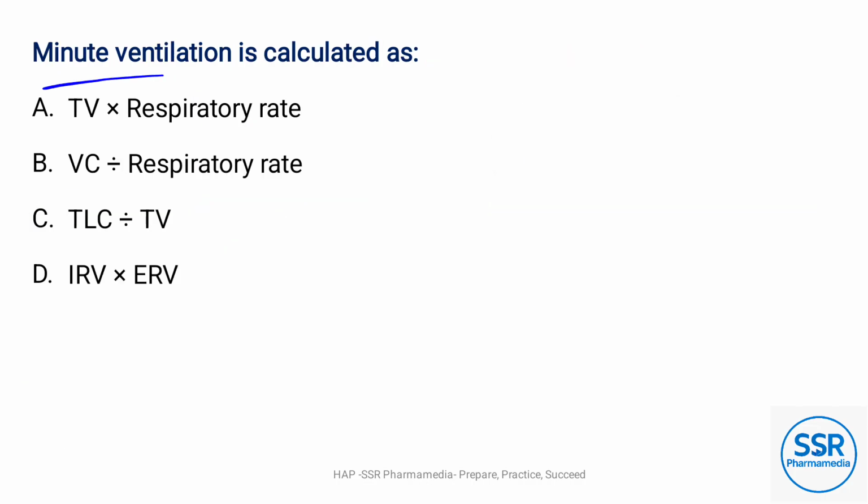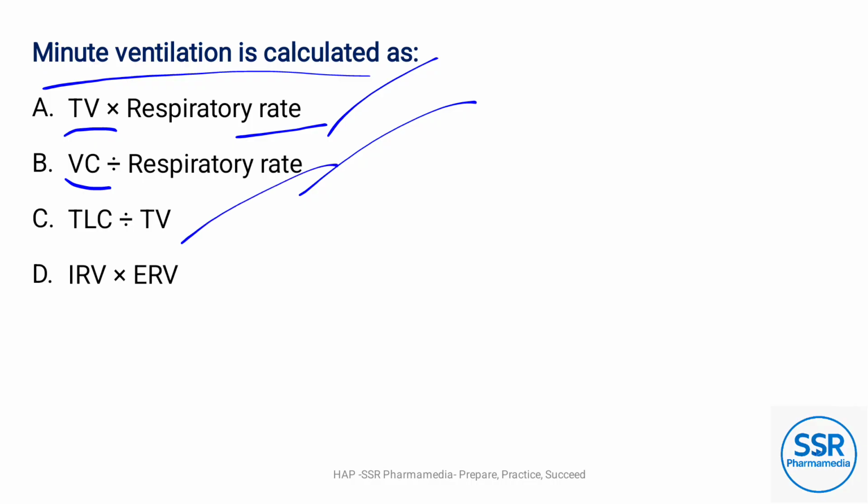Next, minute ventilation is calculated as: option A, tidal volume into respiratory rate. Option B, vital capacity divided by respiratory rate. Option C, total lung capacity divided by tidal volume. Option D, inspiratory reserve volume into expiratory reserve volume.